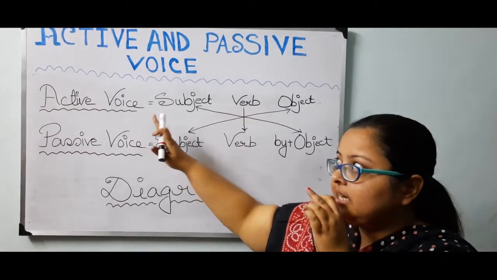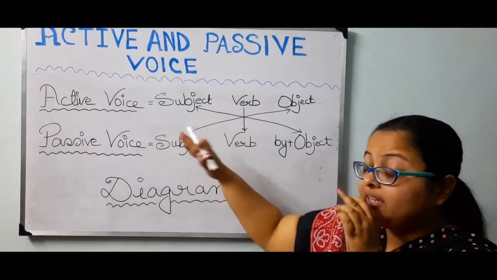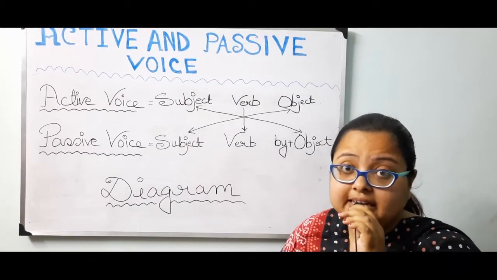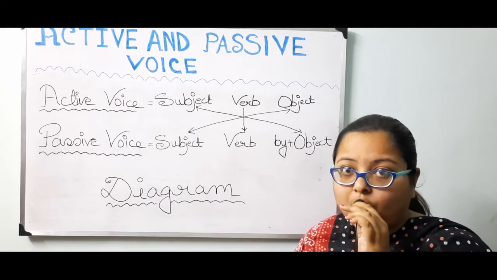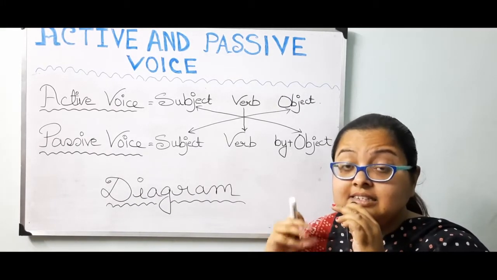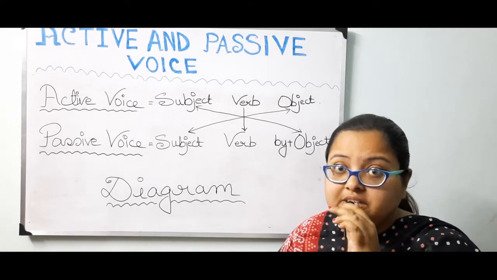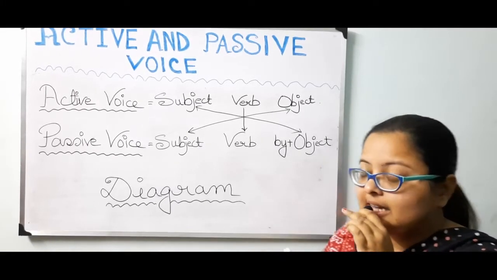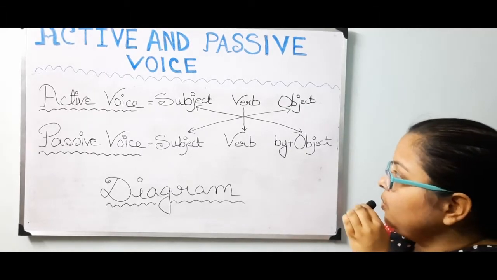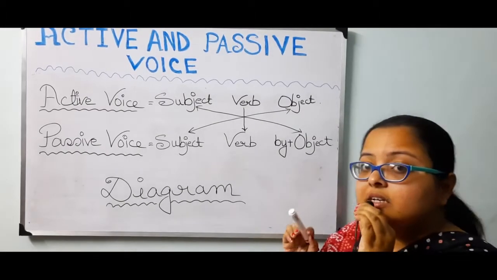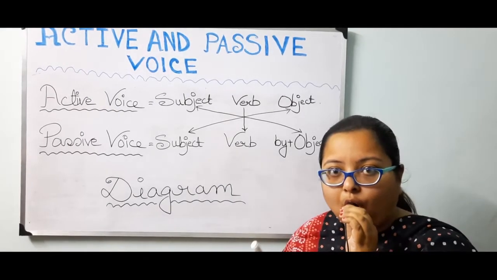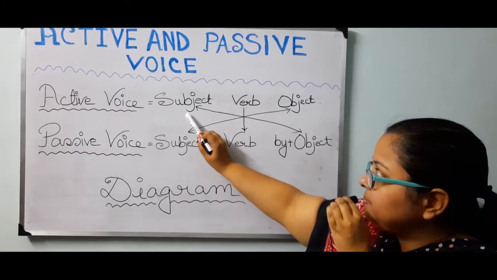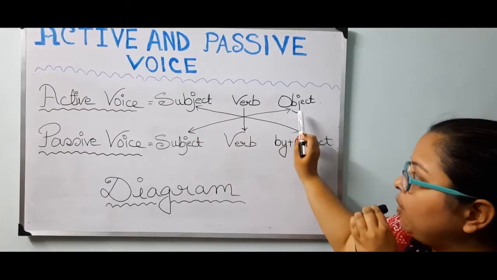In a sentence in the active voice, we first have the subject, then the verb, then the object.